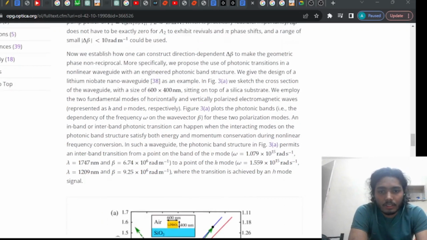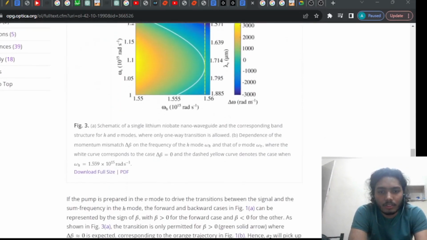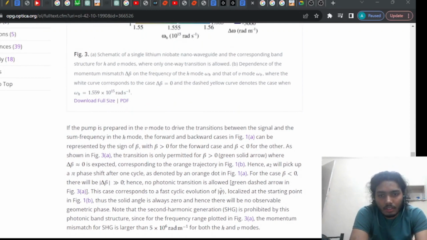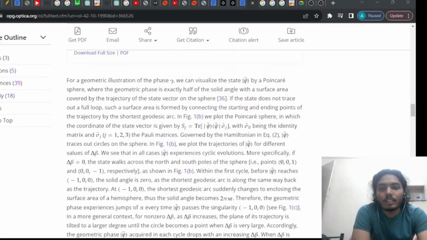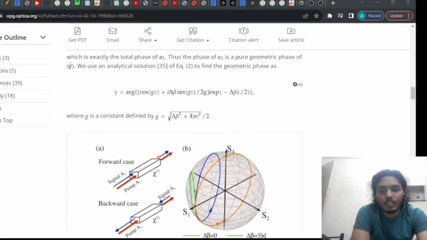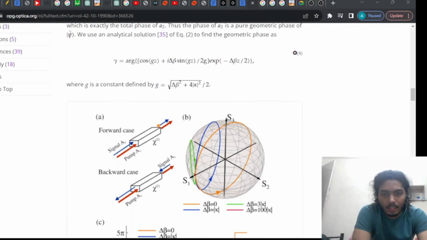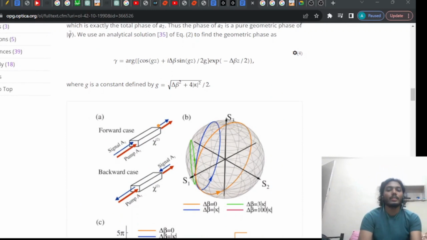So here we are taking two cases. This is the forward case, when the signal is moving in the direction of the pump, and the backward case, when the signal is moving in the opposite direction of the pump.